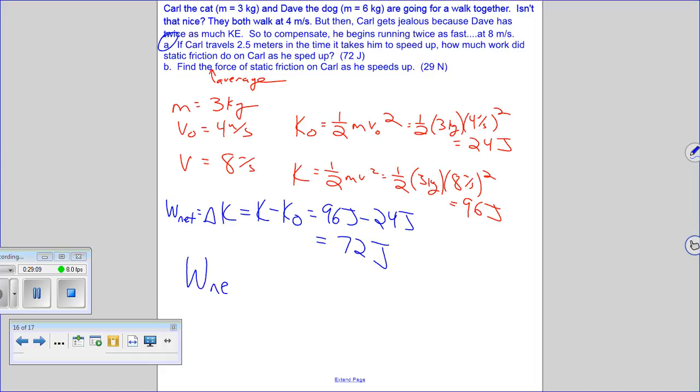So net work is net force dot displacement, right? So we know our net work is 72 joules. That's got to equal the net force dotted with the distance, which is 2.5 meters.